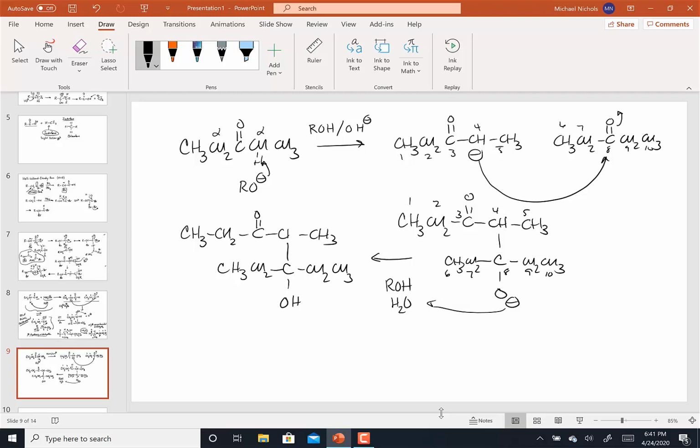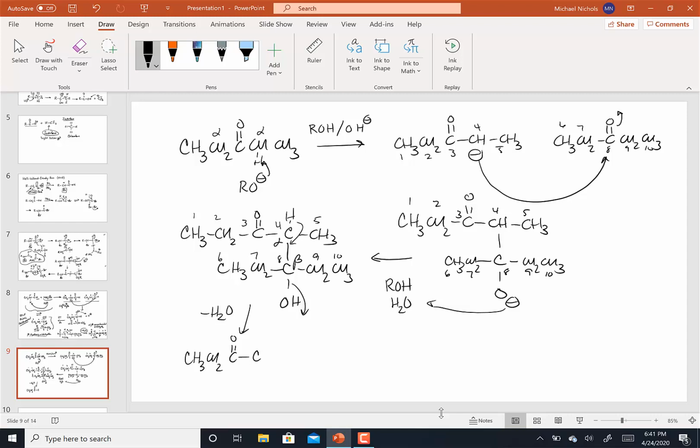Now again, taking this alpha, now in beta carbons, I now made the beta hydroxy ketone, and now I'm going to end up dehydrating my molecule so that I'm going to end up losing H2O, and I'm now going to end up forming the double bond between, again, 1, 2, 3, 4, and 5, 6, 7, 8, 9, and 10.